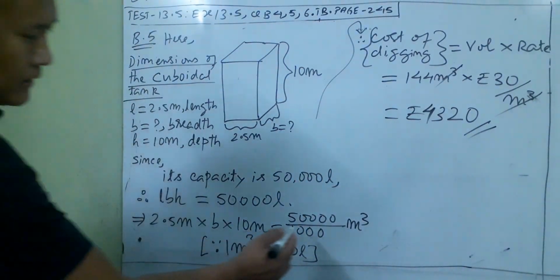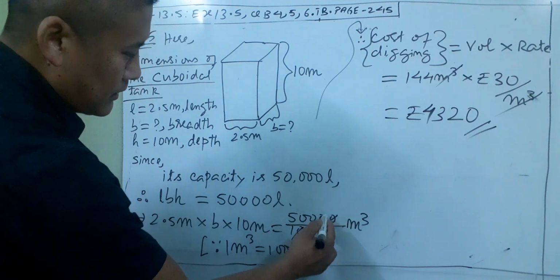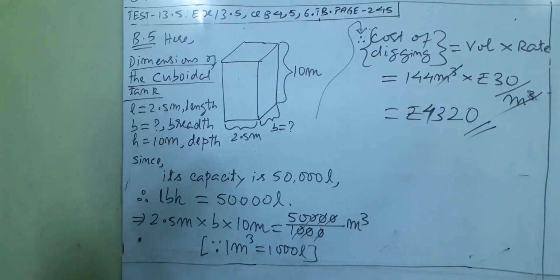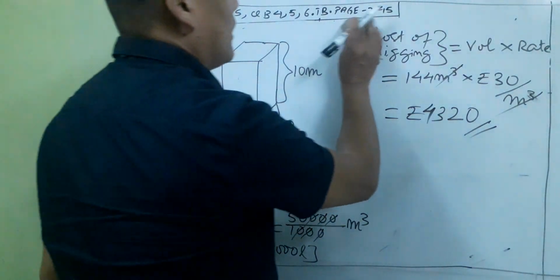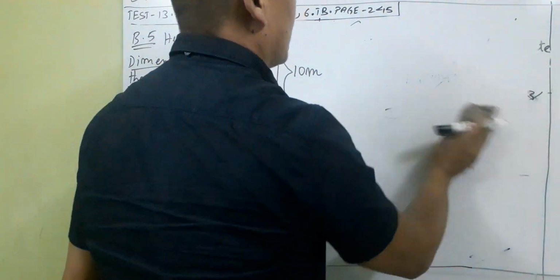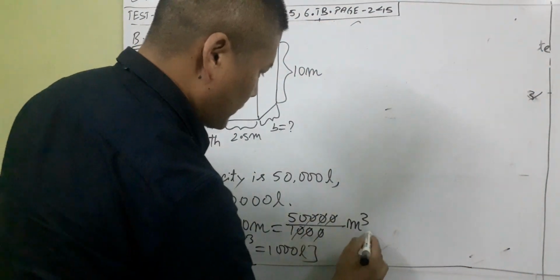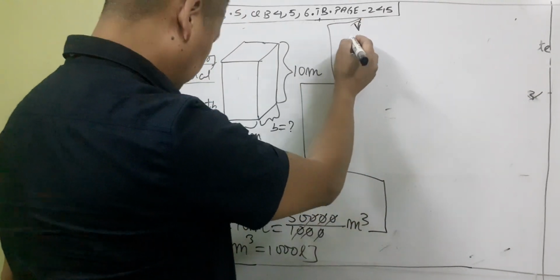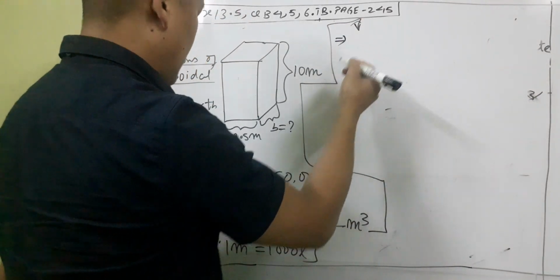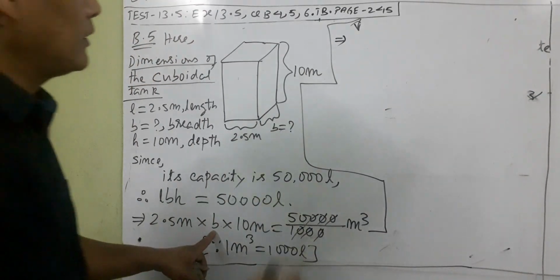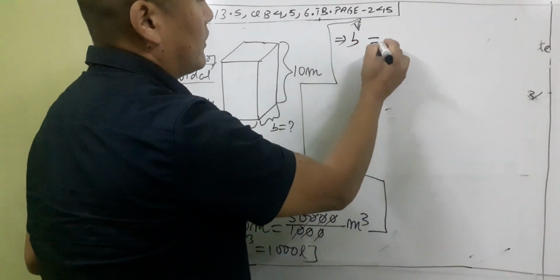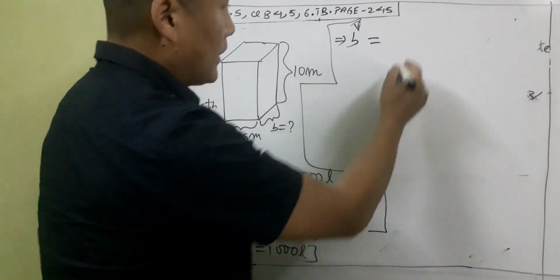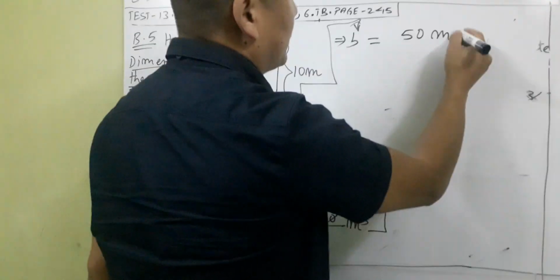Having done that, we can see here 1, 2, 3 zeros can cancel. So you can cancel them to make it easy for you to calculate. So as we continue in the next step, B is equal to this one here, 50 meter cube.